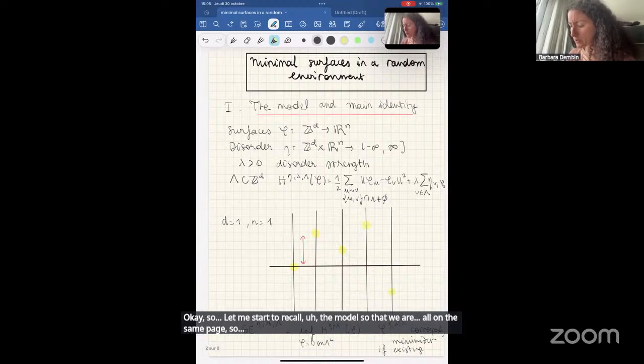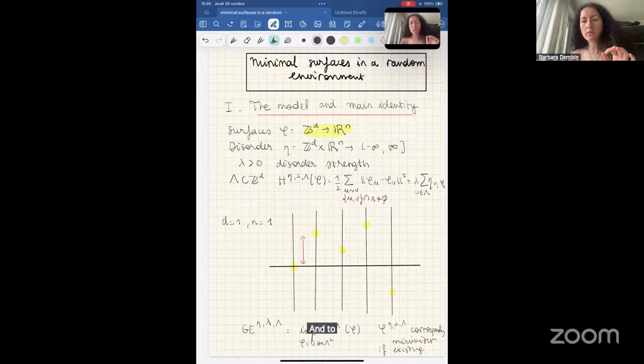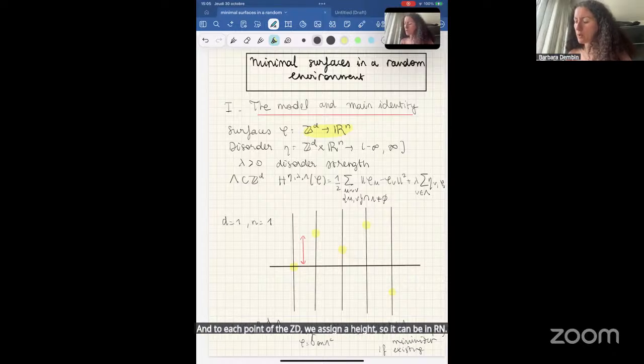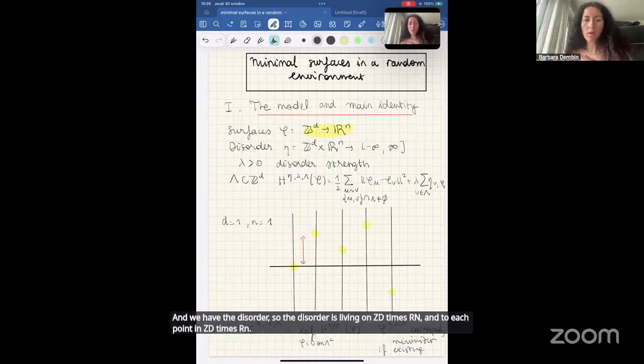So for us, a surface is going to be a height function, and to each point of Z^d we assign a height, so it can be in R^n. And we have the disorder, which is living on Z^d times R^n, and to each point in Z^d times R^n we associate a value.